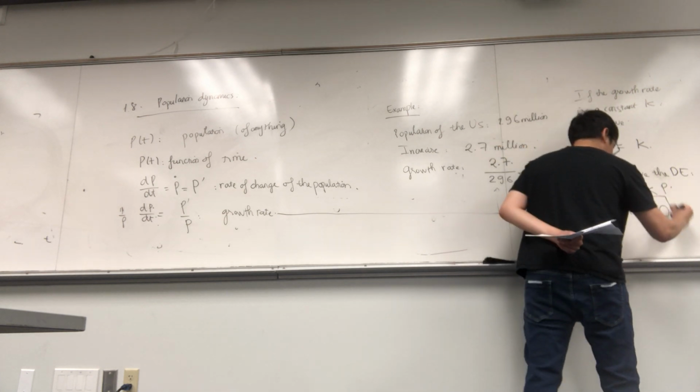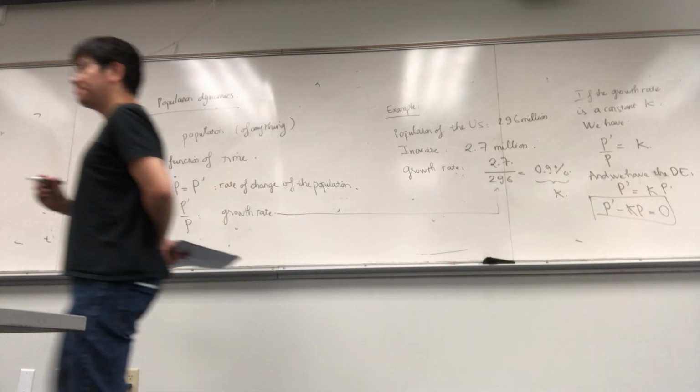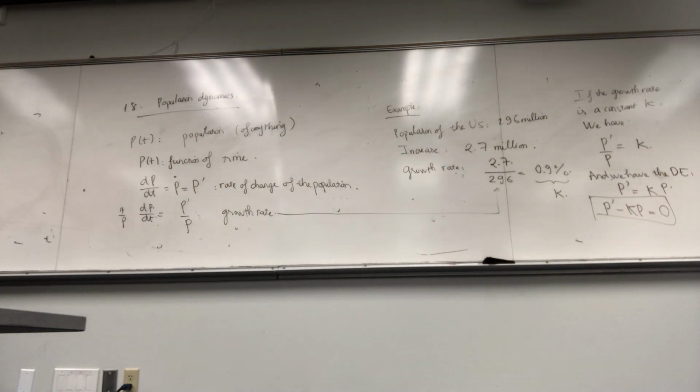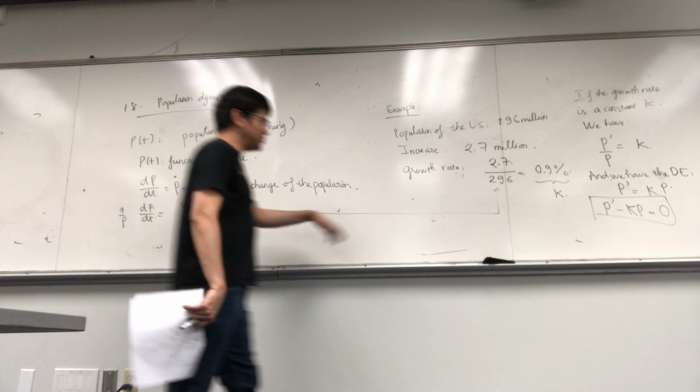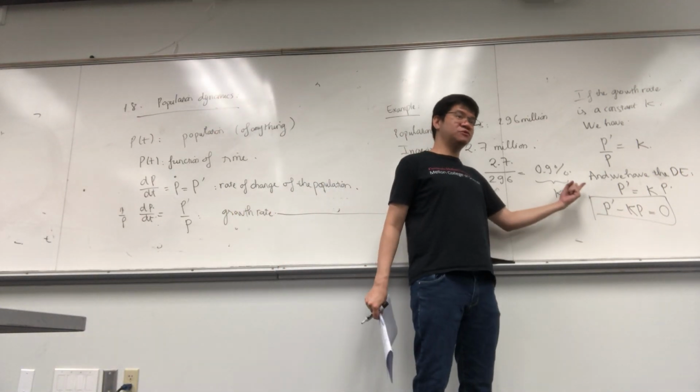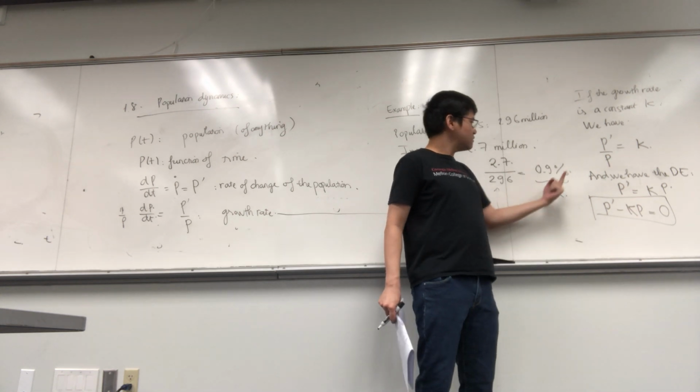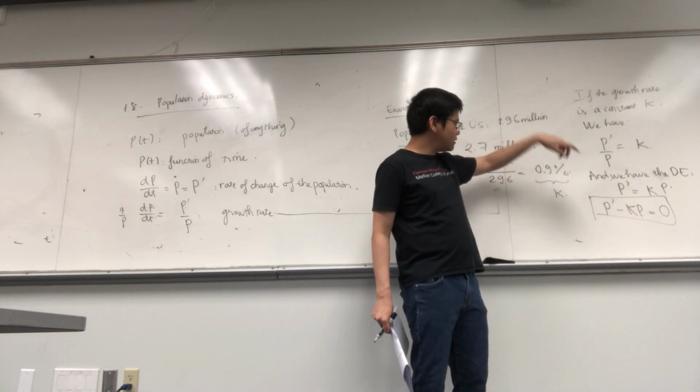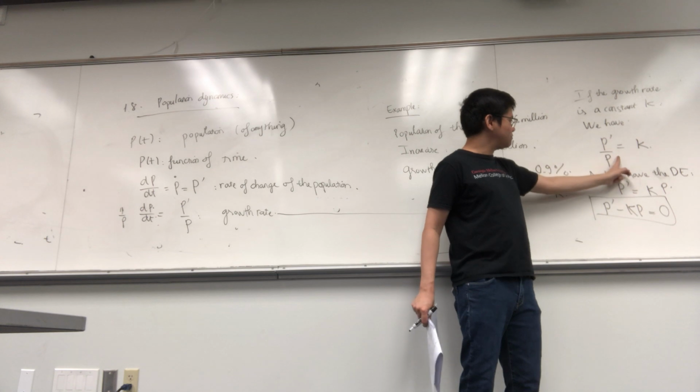So this is the equation that we've studied already, right? It's clear. So if the percentage of growth of the population of the US is a fixed constant for all time, then you're going to have the equation P prime over P is k.